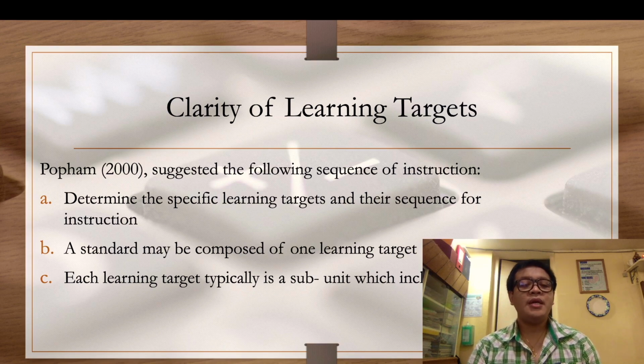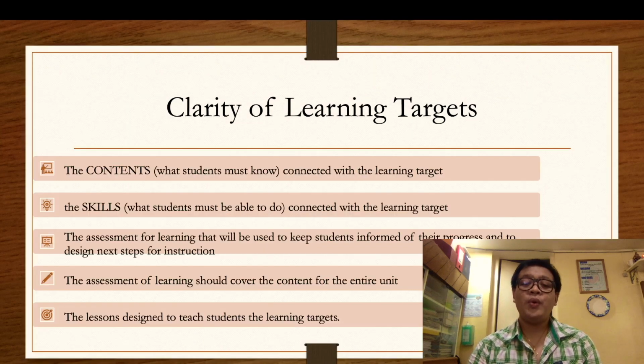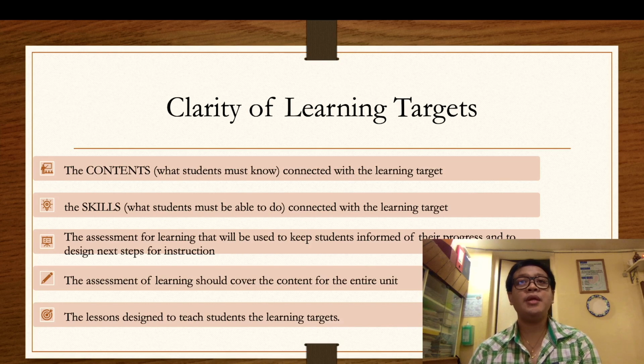Popham of 2000 suggested the following sequence of instruction. This determines a specific learning target and its sequence for instruction. A standard may be composed of one learning target, and each learning target typically is a subunit, which includes the following: the content, what the student must know, connected to the learning target.